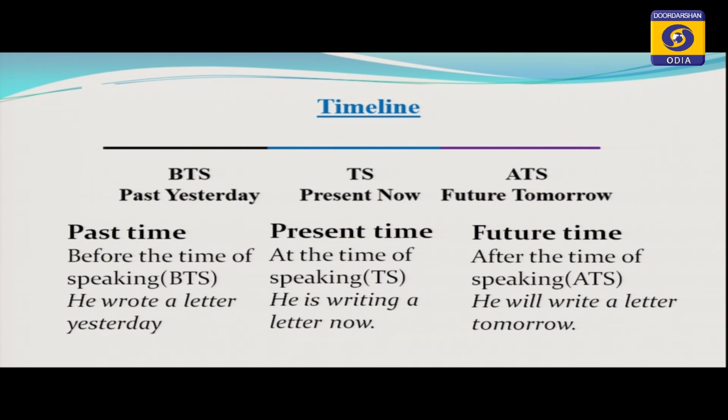And on my left, there is past, before the time of speaking. And on the right side, after the time of speaking, that is future. So if this timeline is a time scale, here you find three divisions.